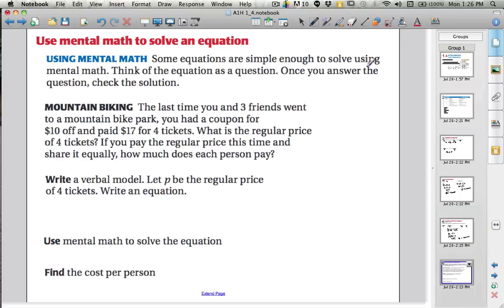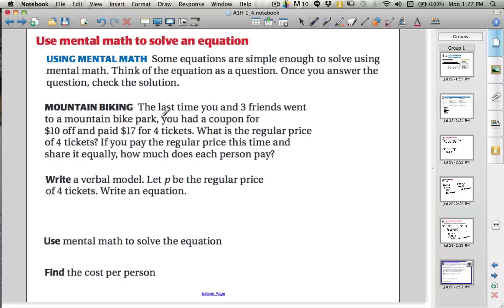Some equations are simple enough to solve using mental math, so really what we're trying to do is answer the question: we should use as much mental math as we can and still maintain accuracy. Sometimes we get ahead of ourselves in terms of using too much mental math, but you also don't need to be so rigid that you spend more time than is necessary to solve the problem.